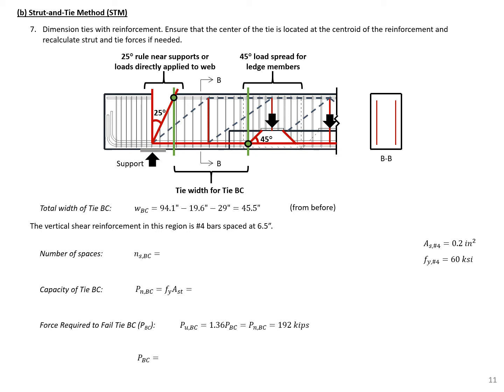For our vertical ties, we need to use our 25-degree and 45-degree rules that we looked at a couple slides ago. So we had already used these rules to figure out the total width of our tie, so I'm just giving that to us here.